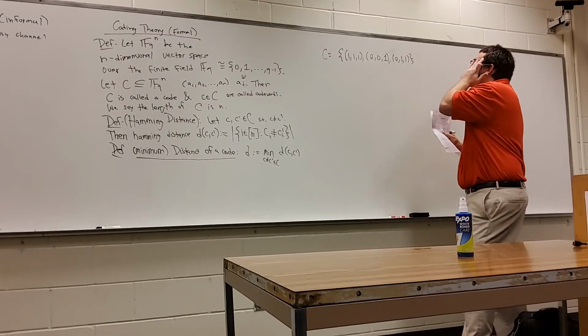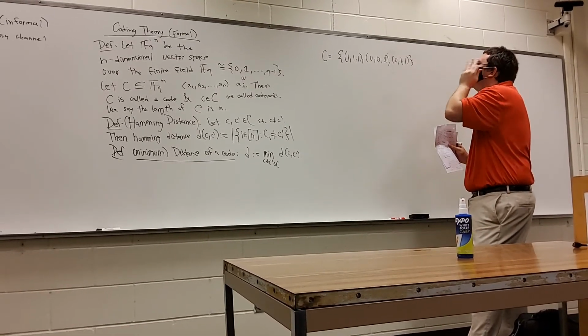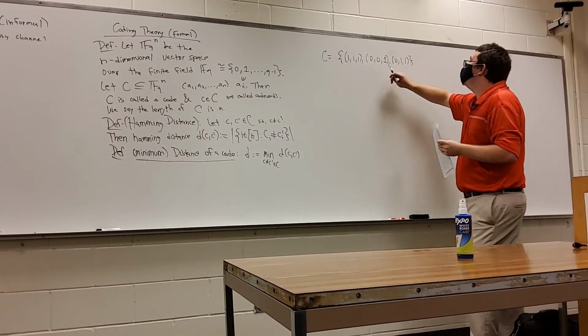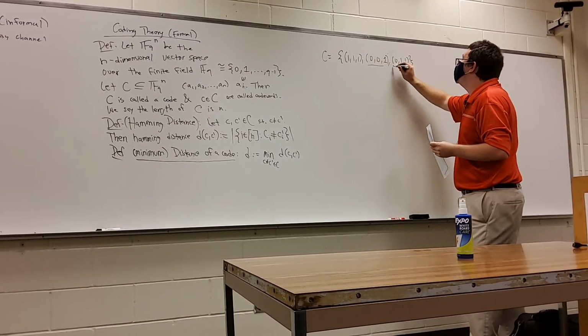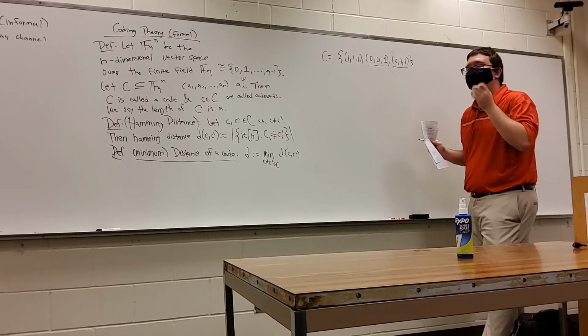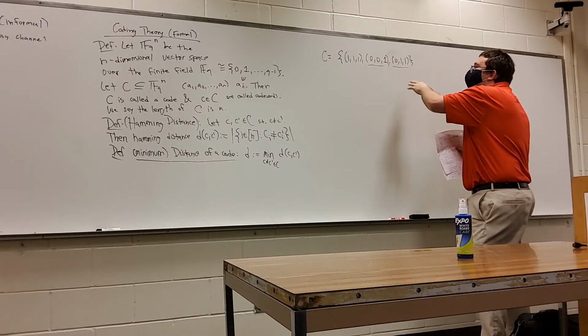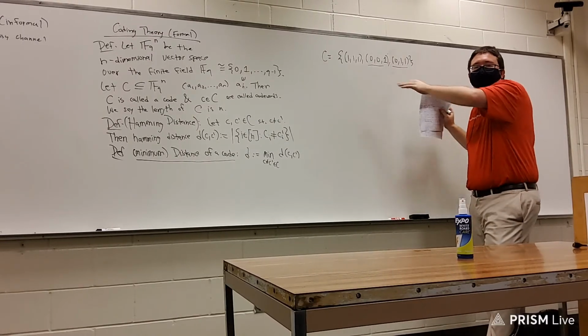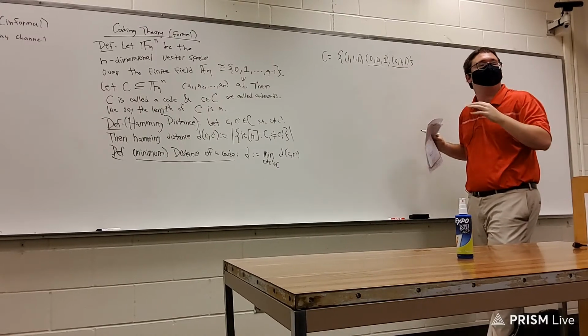The minimum distance of this code would be 1 because this code word and this code word only differ by 1 coordinate. And that's the minimum across all those pairs.